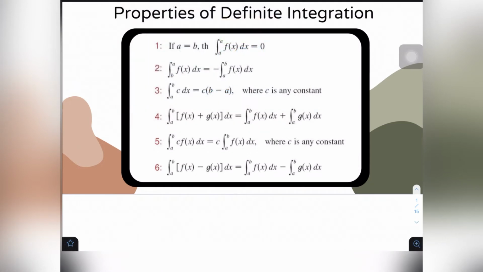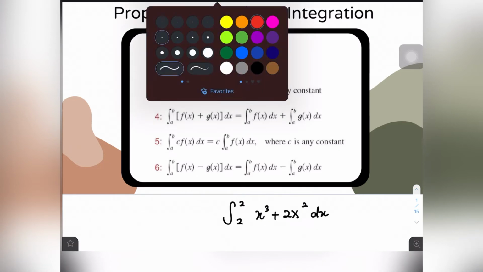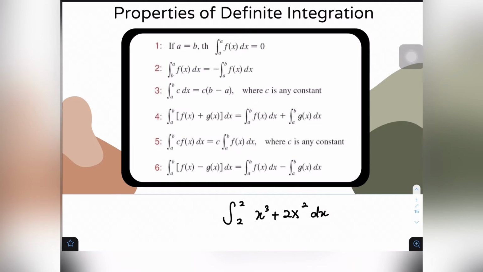Let's say you have to integrate from 2 to 2 of x cubed plus 2x squared dx. This one is called a definite integration because you have a lower limit and an upper limit, but the lower limit and the upper limit have the same value. So for this case, you don't need to proceed with the integration process, because it will automatically give you the value equal to 0.